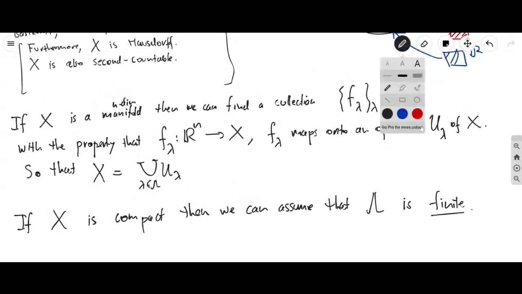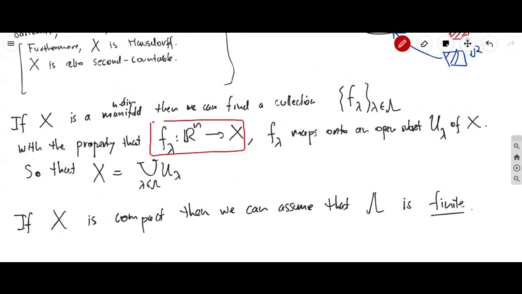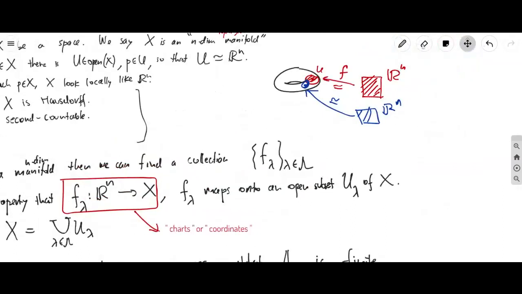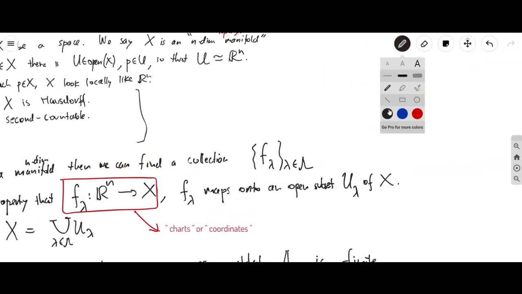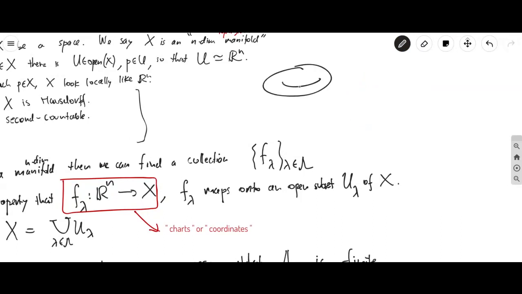Now these mappings, they have a name. Sometimes these are called charts, or you can also call them coordinates. Charts or coordinates. You can also maybe call them coordinate charts. The idea here is very, very simple, because going back to our picture of the torus, so here's a torus, here is like a piece of the torus, and you're mapping R2 homeomorphically onto that piece.